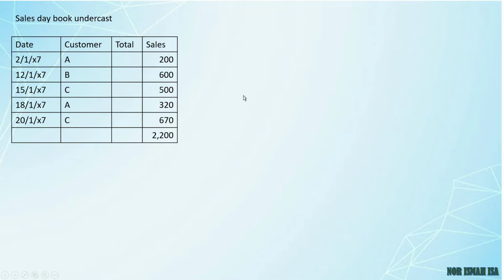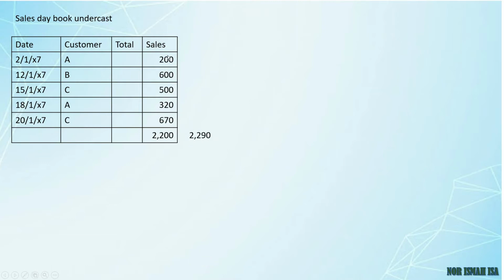This is an example of sales day book undercast. As per the sales day book, this is an example of a sales day book that has been recorded. We have customers A, B, and C. The total amount of the sales here is 2,290.